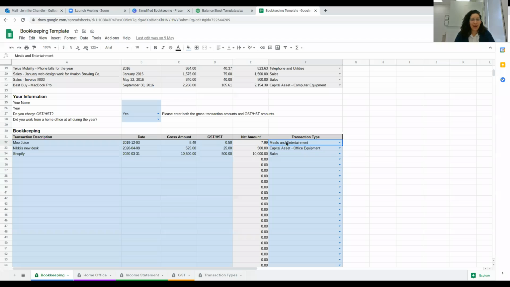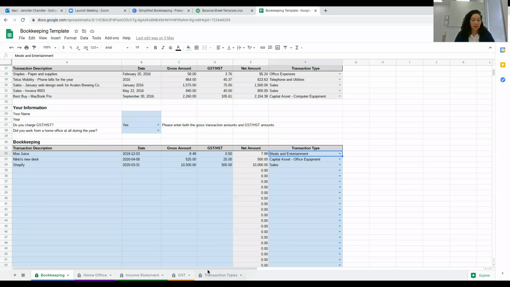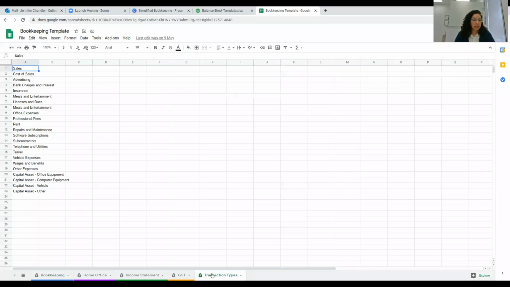And you had a coffee meeting with someone, so that's meals and entertainment. All the transaction types are set up on this tab. Is it showing the tabs? Yes. If you want to change the names of your accounts, you can on this tab, but those are your basic ones for your T2125, so you don't really need to.